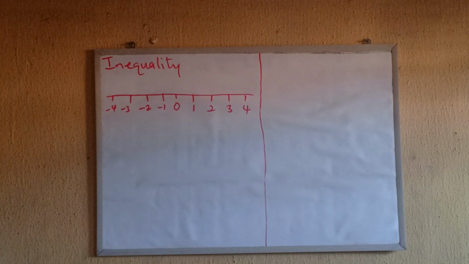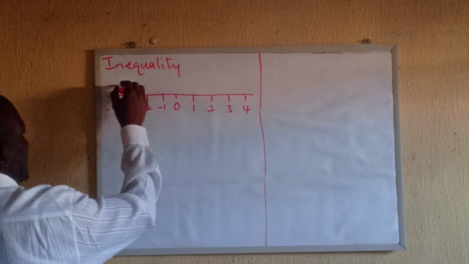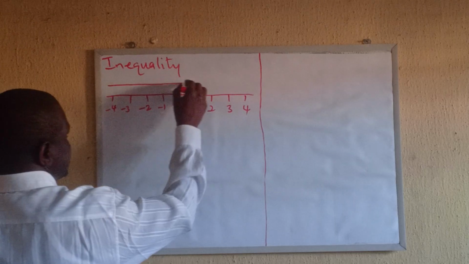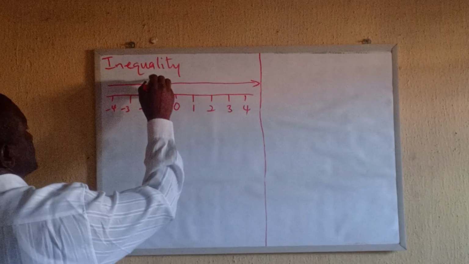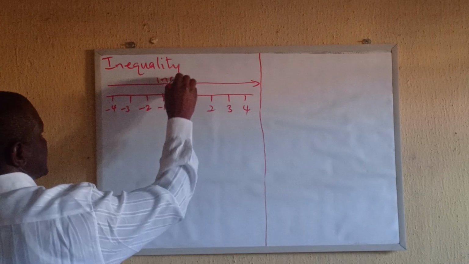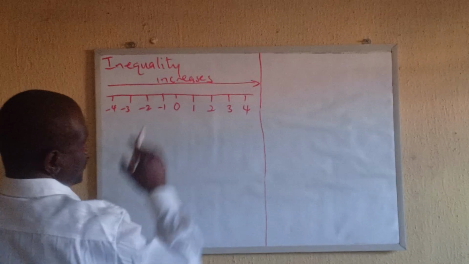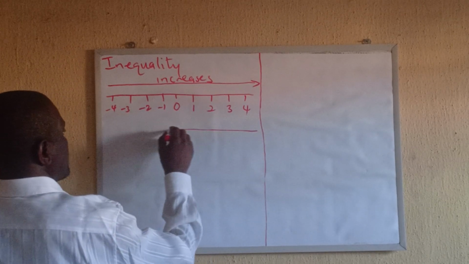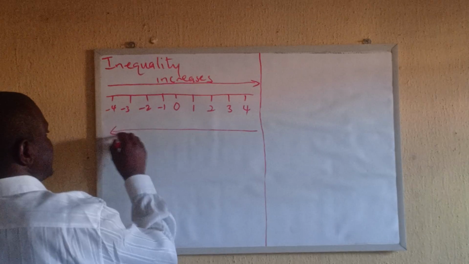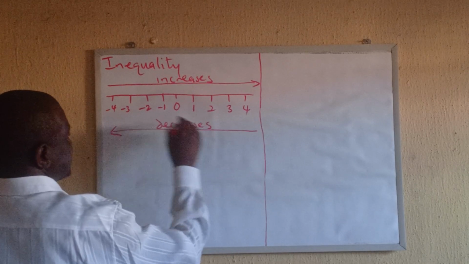One thing about number line you should know is that as the numbers are going in this direction, in this arrow, the numbers increase. That means from your left to your right, numbers increase. And also from your right to your left, numbers decrease.